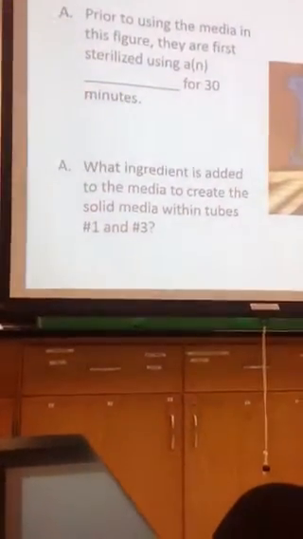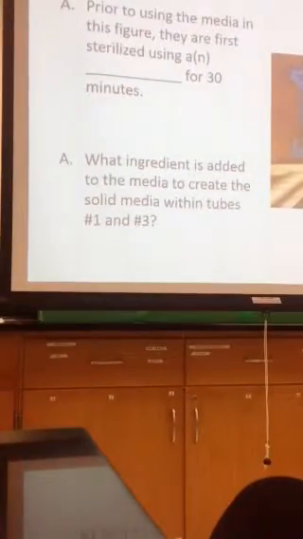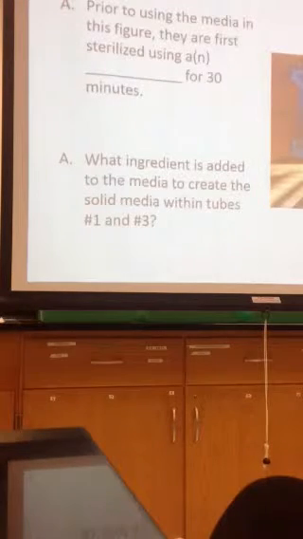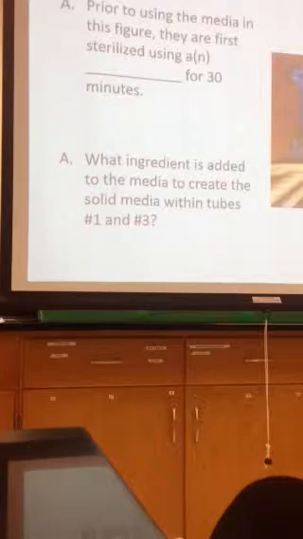I would know that the red algae produce agar. Agar is the thing that you add, that's the ingredient. Red algae is what produces agar. You guys with me?